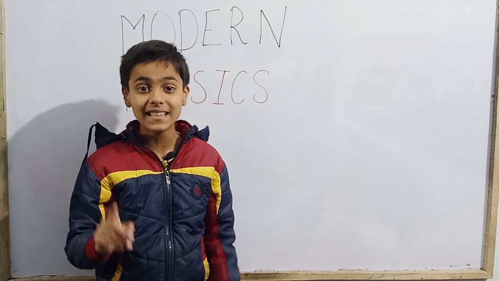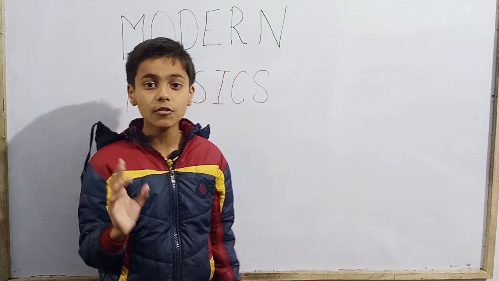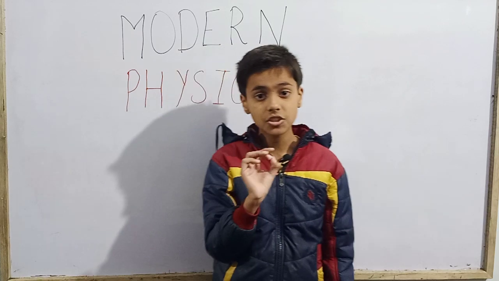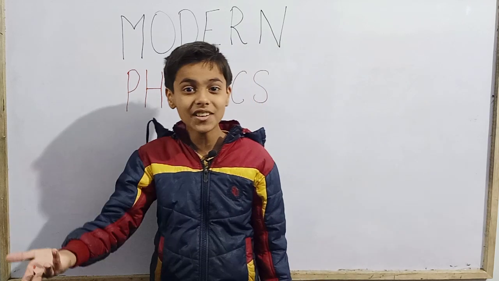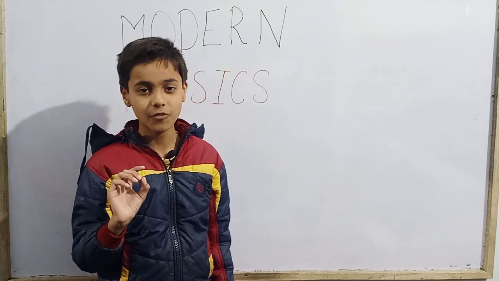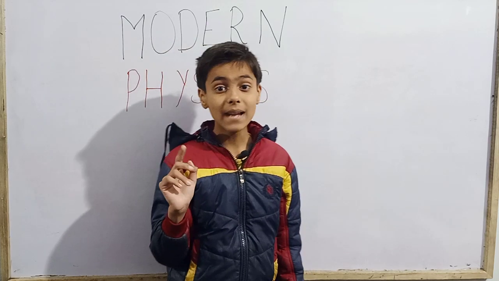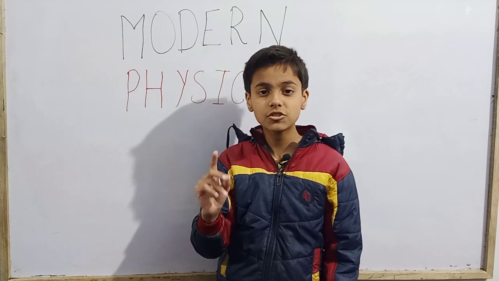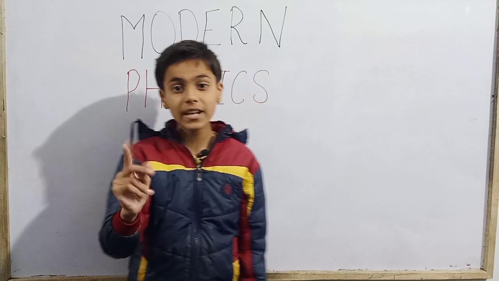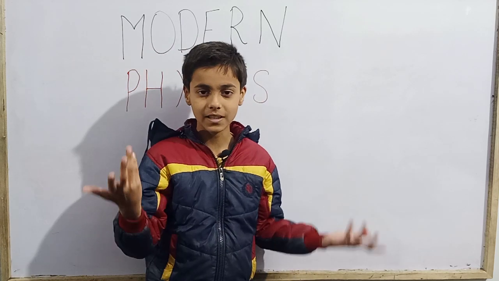What is a quantum? It is some kind of packet of energy. We know the equation E equals h nu, where E is the packet of energy. H is Planck's constant, and nu, which looks like V but is actually nu, is the frequency of the wave.